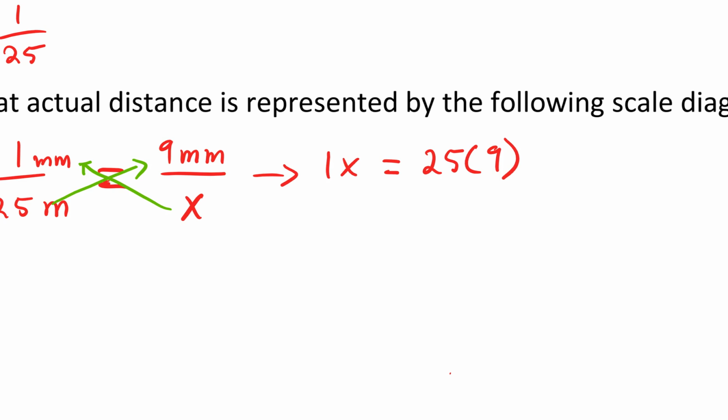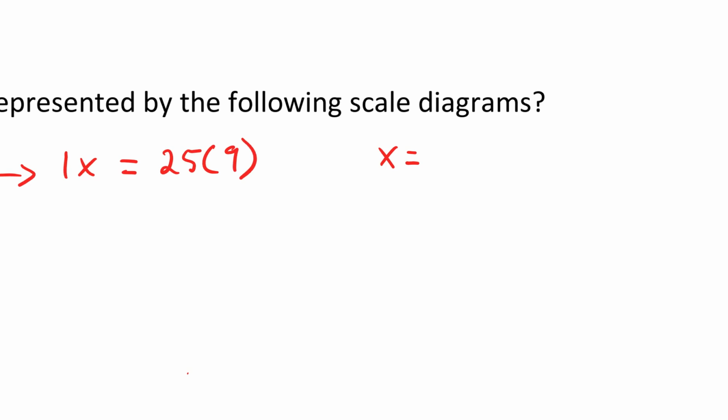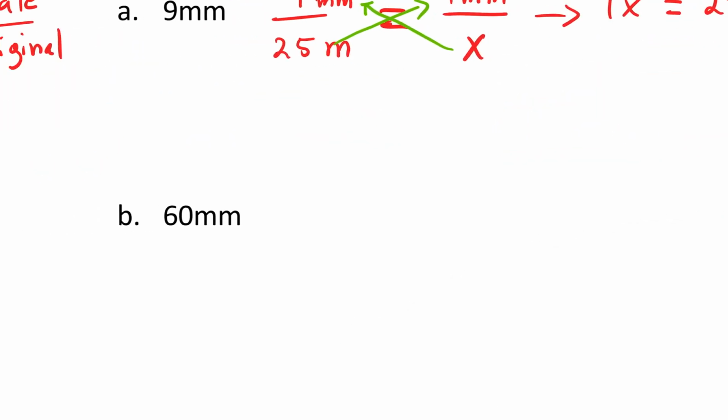Well, 25 multiplied by 9 equals 225. And important that we write down our unit. So we're looking at the original, which was in meters. So our final unit is going to be in meters. And this would be our final answer. So 9 millimeters equals 225 meters on the original object.